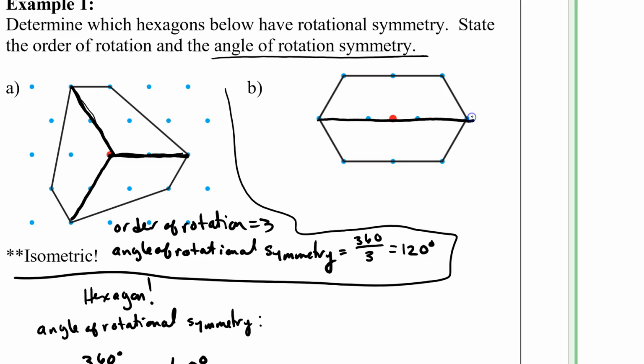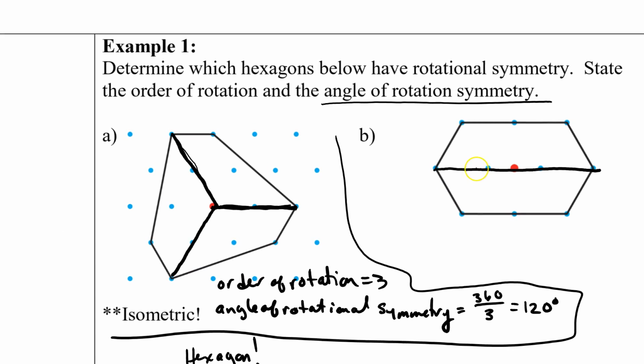If I draw this one here, there are a few types of symmetry happening here. This could be a line of symmetry and a reflection line. So we could say that it has reflectional symmetry, but if I take this shape up top here, and we twist it so that it goes onto the bottom here, the order of rotation equals 2, because we have two of the exact same shape.